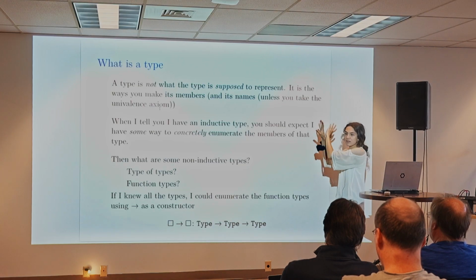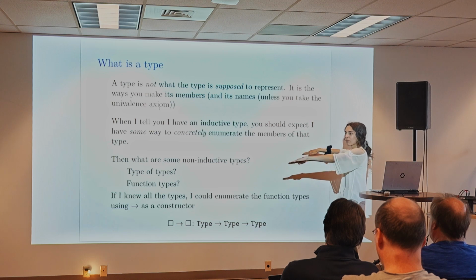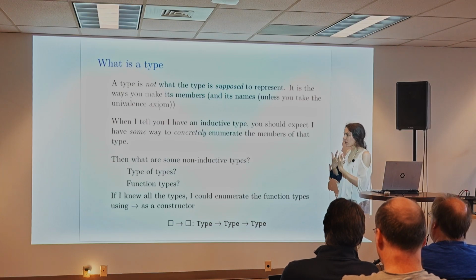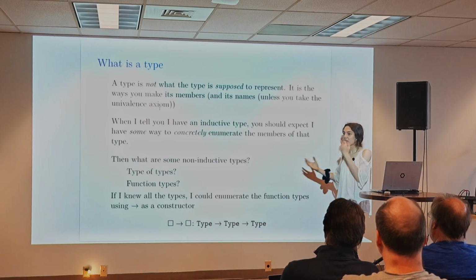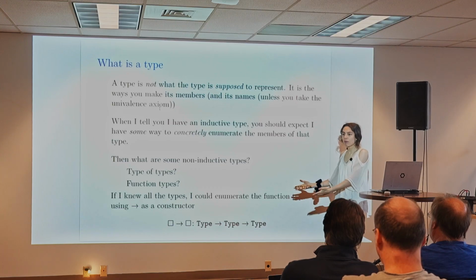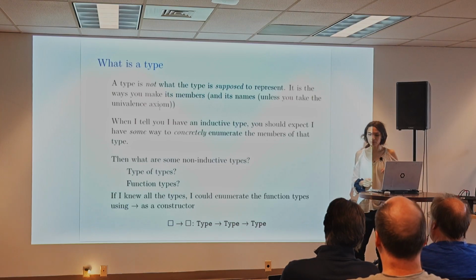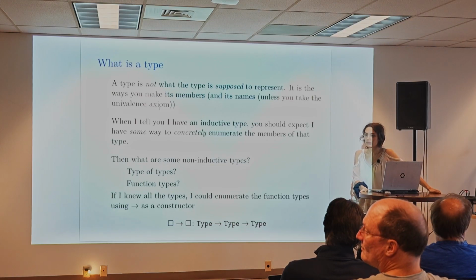And if it's some horrible stacked mess, I can deconstruct it down to elementary bits of data at some point. That's kind of trying to capture the idea of inductive. Yeah, that's what I'm trying to say by typing inductive rather than just being a type, right? Because we have function types, but we can't enumerate all of the functions unless we know all the types, but that's a different story.